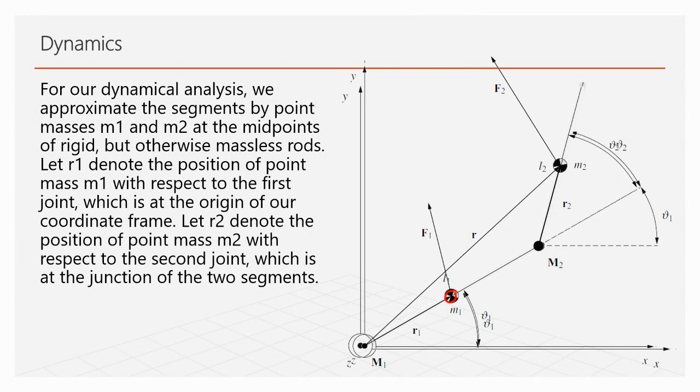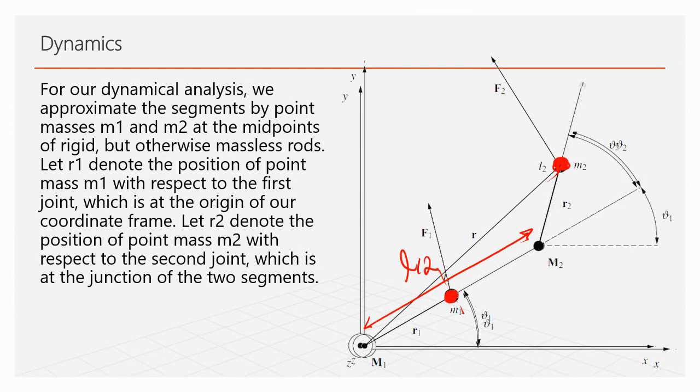So we consider a mass of M1 centered at the center of the link. If the length is L, it's centered at L over 2. Same for the second link.